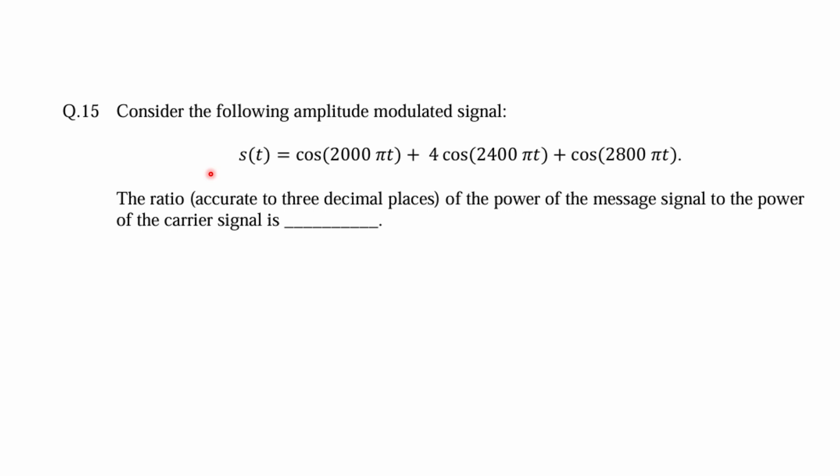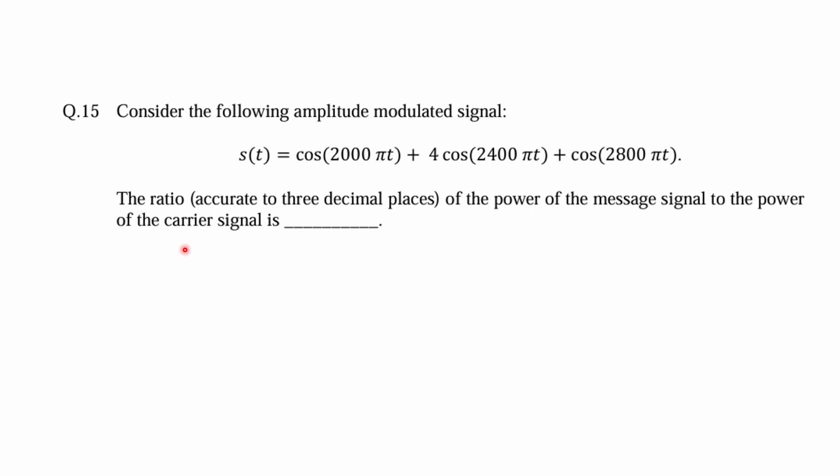So here is the question. The amplitude modulated wave s(t) is given, that is cos omega_c t plus 4 cos omega_m t cos omega_c t. The frequencies are given. The question asks for the ratio of the power of the message to the carrier. That is, the power carried in the message signal to the power carried by the carrier signal.